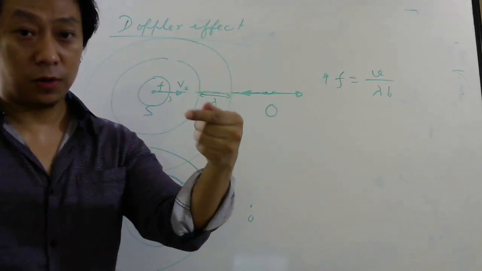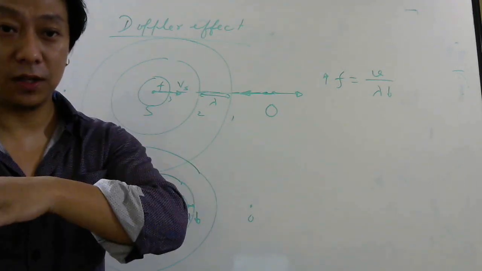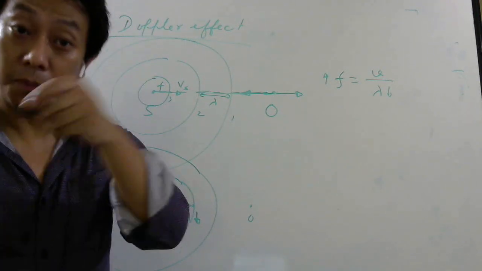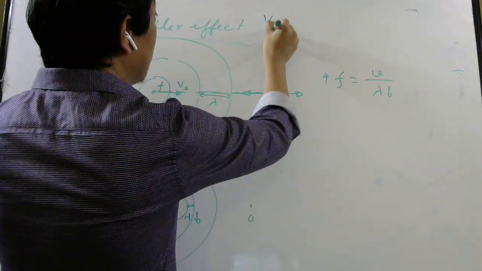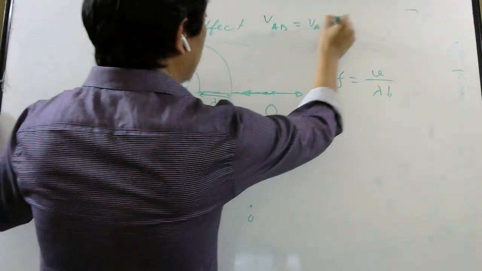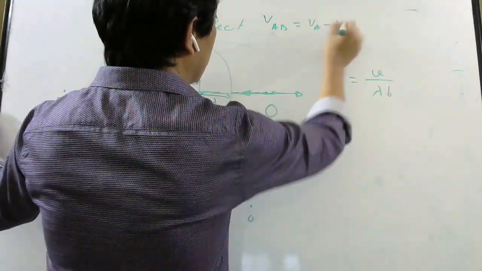If two objects move in opposite directions, then the speed of one with respect to the other is given by the speed of one plus the speed of the other, right? Relative velocity formula you know, right? V_AB equals V_A minus V_B, and if these two are in opposite directions, then this is positive, this is negative, so the whole thing will become plus.